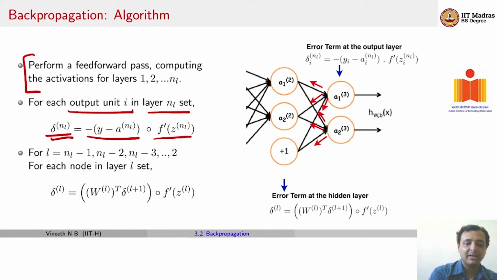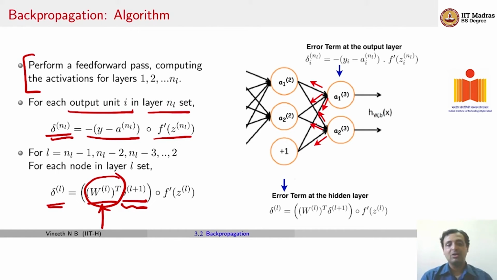And then for the previous layers, each delta^L can be written as W^L transpose times delta^{L+1}. Remember, now we have written this as a matrix, and that's why the summation disappeared. And this W^L transpose matrix times this delta^{L+1} vector would give you the summation that we talked about on the earlier slide.